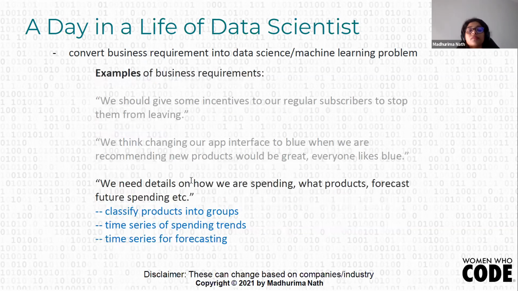And for the third one, let's say somebody says we need to figure out how we are spending because I want to forecast my future spending. It's similar: where are we spending today? Do we have historical data for that? Do I need to do a time series? What kind of time series can I get for forecasting?